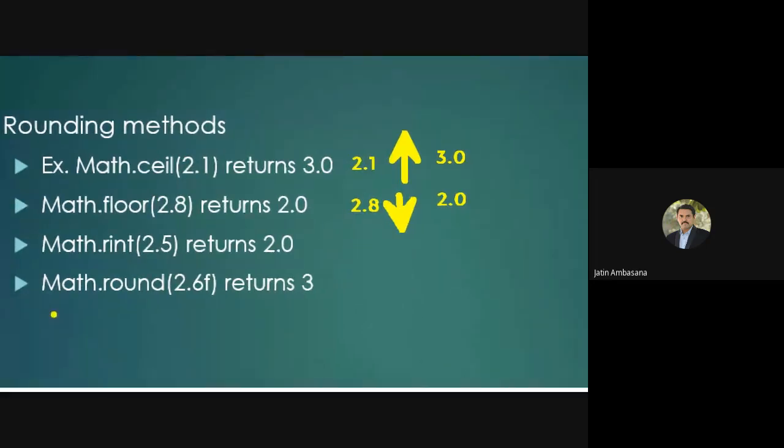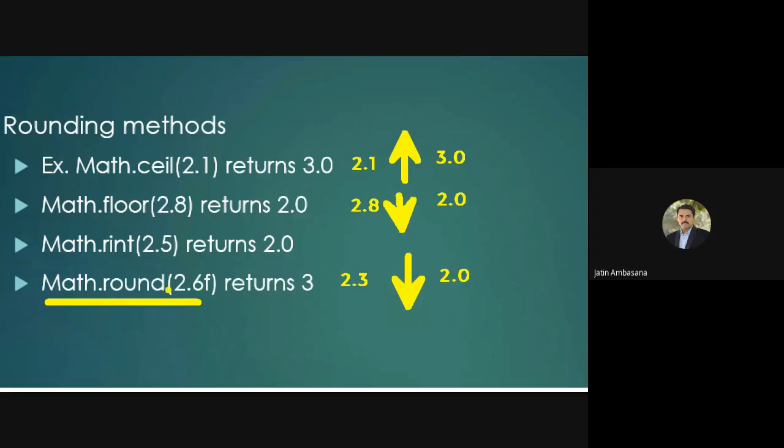Then there is something called round. Round basically works in this way. If you say round of 2.3, that will take your value down, and that will result in 2.0.